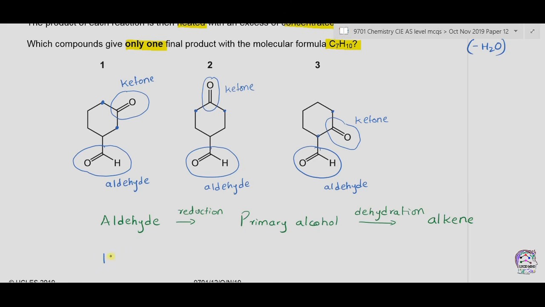For a ketone, whenever reduction of a ketone occurs, it converts into a secondary alcohol, and a secondary alcohol upon dehydration will give an alkene.